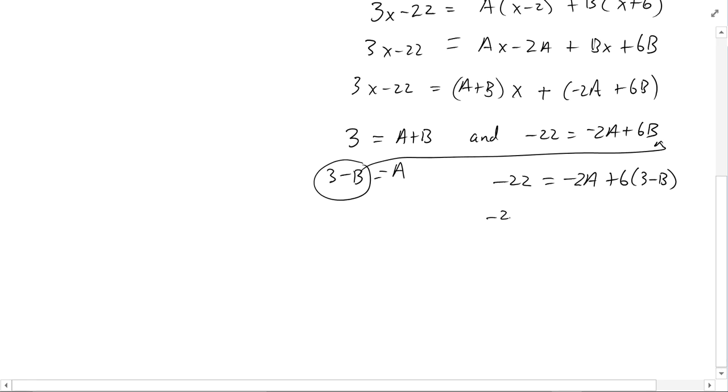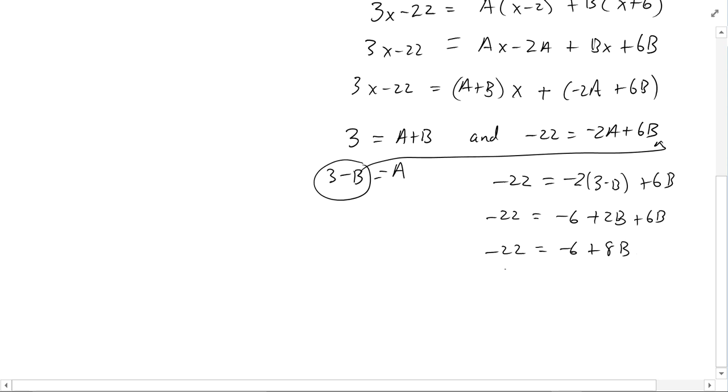I'll get negative 6 plus 2b plus 6b, so negative 22 is equal to negative 6 plus 8b.